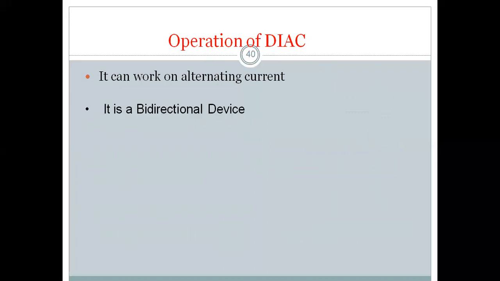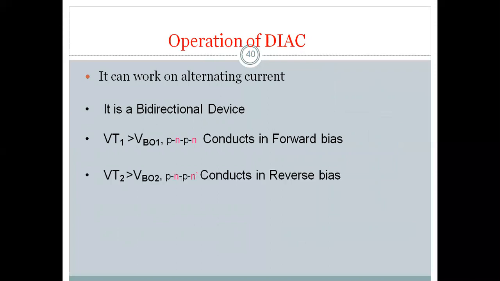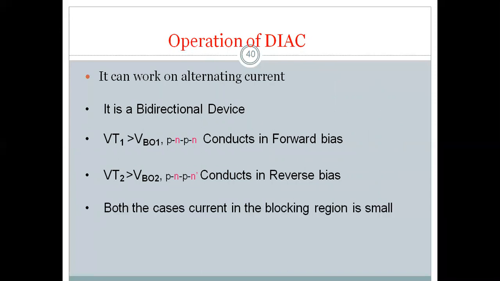It is a bidirectional device. When VT1 is greater than breakover voltage, PNPN conducts in forward direction. And when VT2 is greater than breakover voltage 2, PNPN dash conducts in reverse bias. In both cases, the current in the blocking region is small.